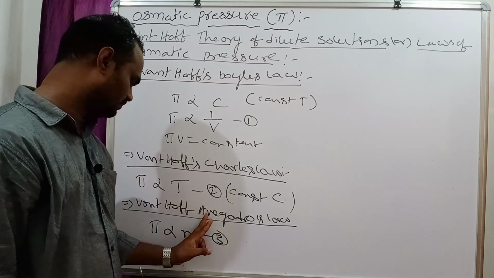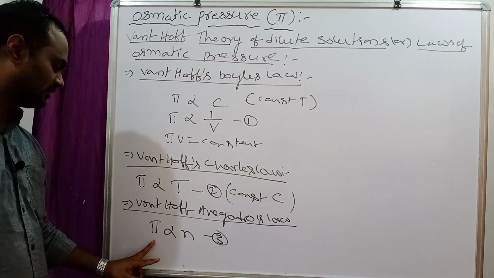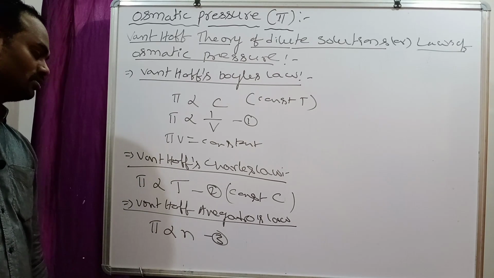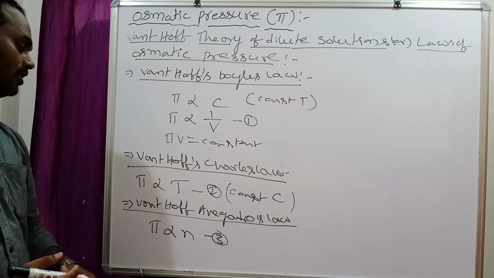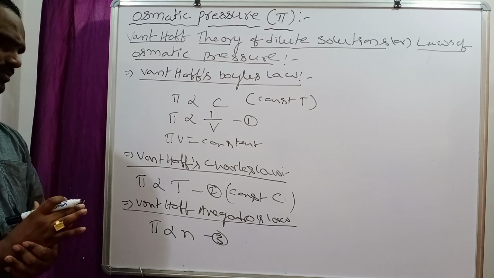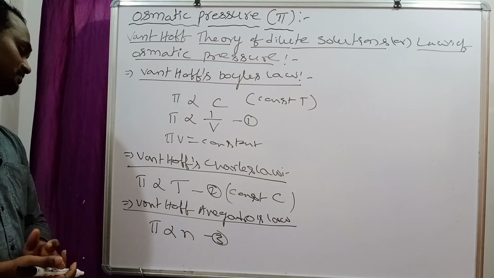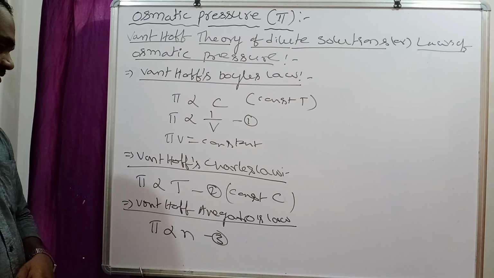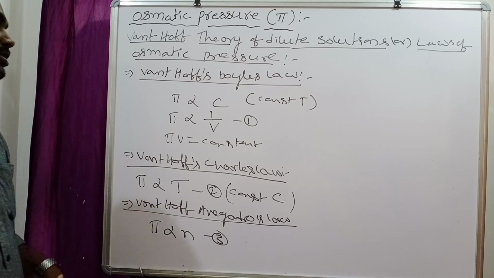According to van't Hoff's Avogadro's law, osmotic pressure of the solution is directly proportional to the number of molecules under similar conditions of volume and temperature. Equal temperature, equal volume, pi is directly proportional to N.